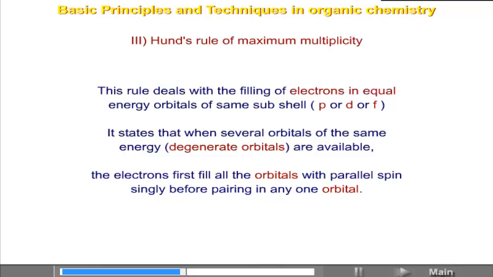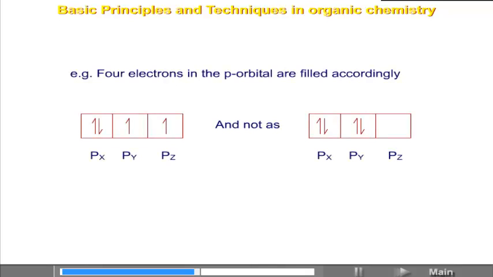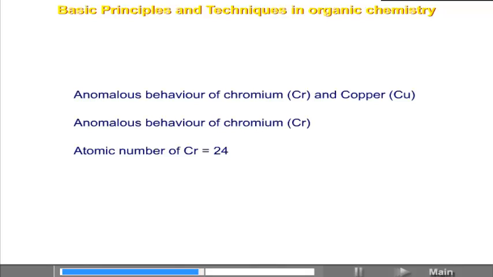It states that when several orbitals of the same energy, that is degenerate orbitals, are available, the electrons first fill all the orbitals with parallel spin singly before pairing in any one orbital. For example, 4 electrons in the p orbital are filled accordingly. Please observe it.